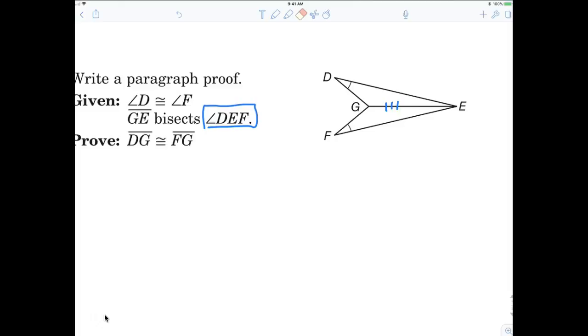Once you have established that the triangles are congruent, all of the other parts that we haven't mentioned are now what? Congruent. By CPCTC. Once the triangles are congruent, all the parts are congruent. There's no reason to say third angle theorem anymore.